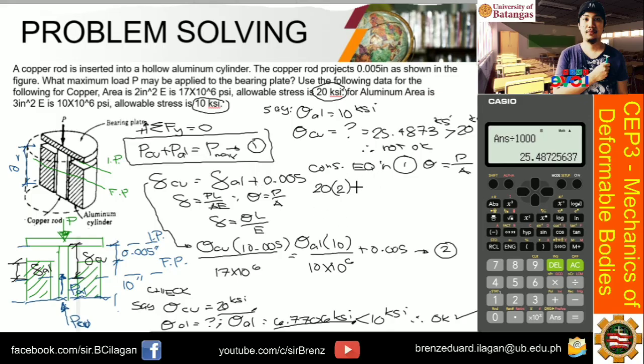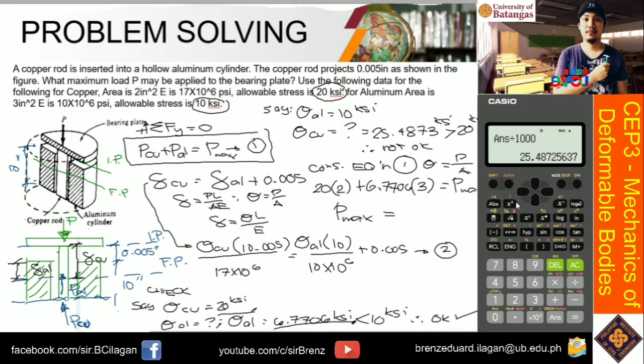And then plus 6.7706 multiply by the aluminum na 3, and then equals to P max. So what will be the value of our maximum allowable load P?